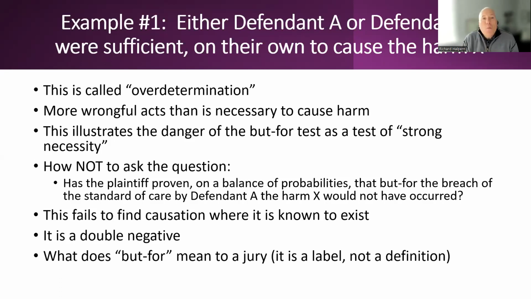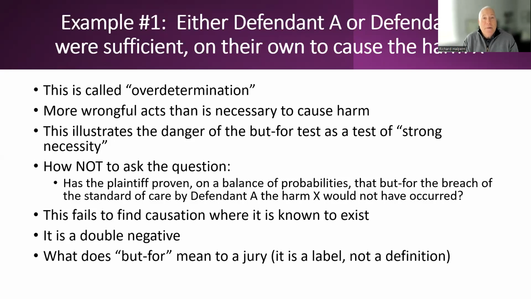Sometimes we get into a problem of this notion of necessity. Do we have to prove that fire A was necessary to cause the loss? And those of you who have looked at the law will see that in Clements, Chief Justice McLaughlin introduces the notion of necessity and says that necessity is part of the causal question. In some circumstances it is, but it can't always be.